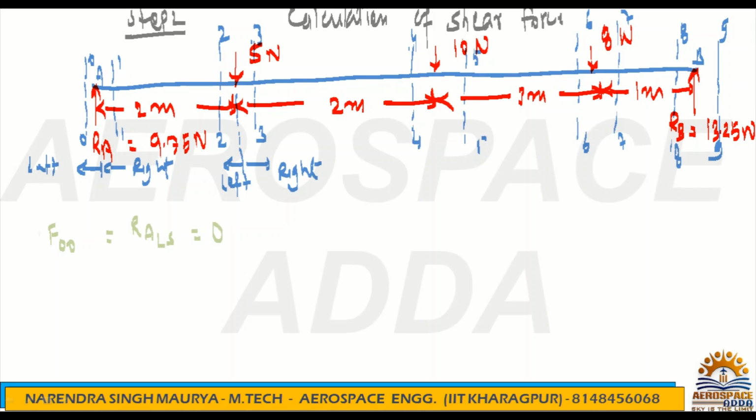But at the same time, F11, shear force F11 means we are just right to the RA, so RA right side. Just right to the RA, what is the load? Because if you reach just right, you are reaching at 0.11, then what will be the force? RA will be the force.